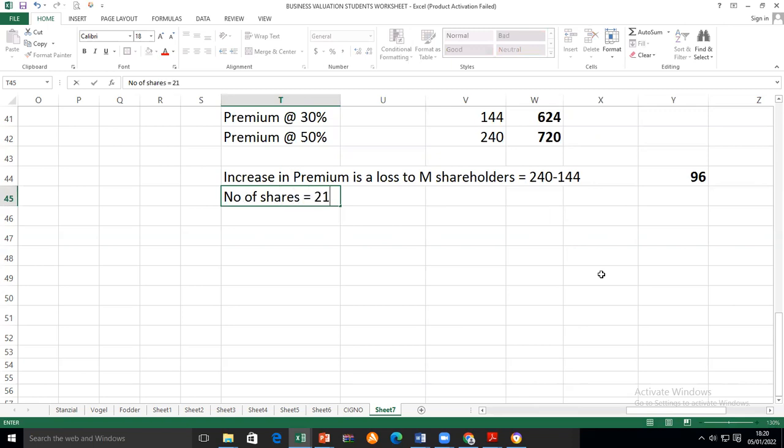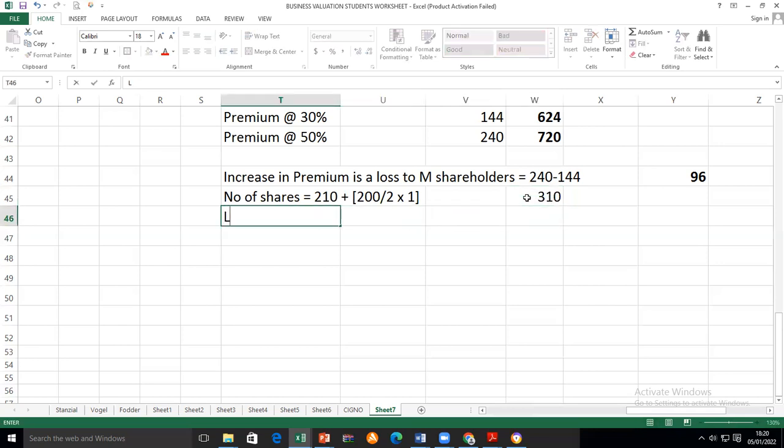Remember, it is 210 plus 200 divided by 2 times 1. So that is 310 shares.